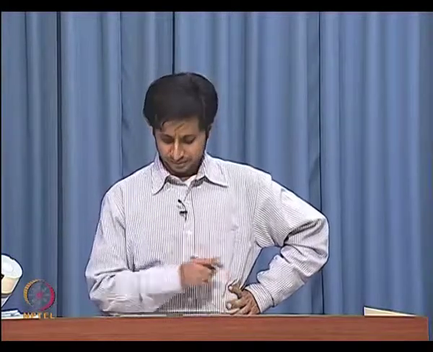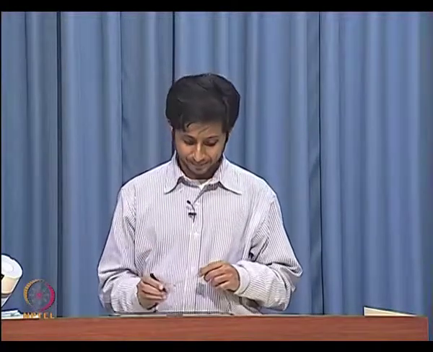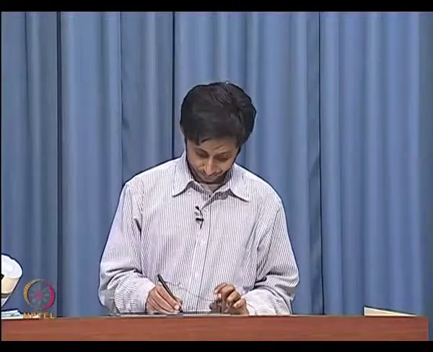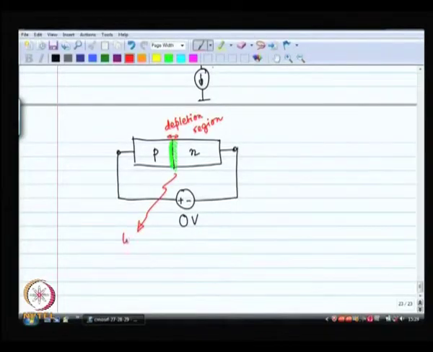Now, there are no carriers in the depletion region. What this means is that the depletion region acts like an insulator. You can't have electrons moving across the depletion region.